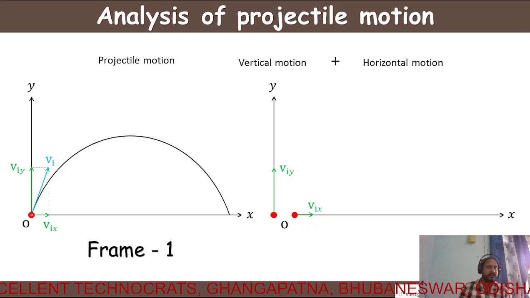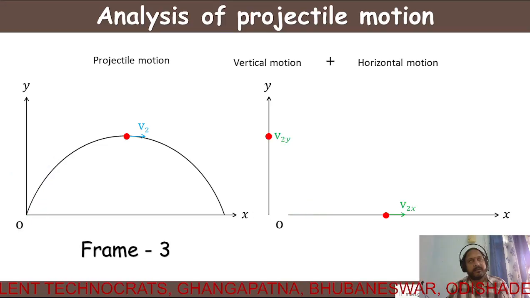Here also you have one horizontal and one vertical component. This is how the projectile motion analysis takes place. Again I am showing you, this is the initial position. Any doubts? Clear?